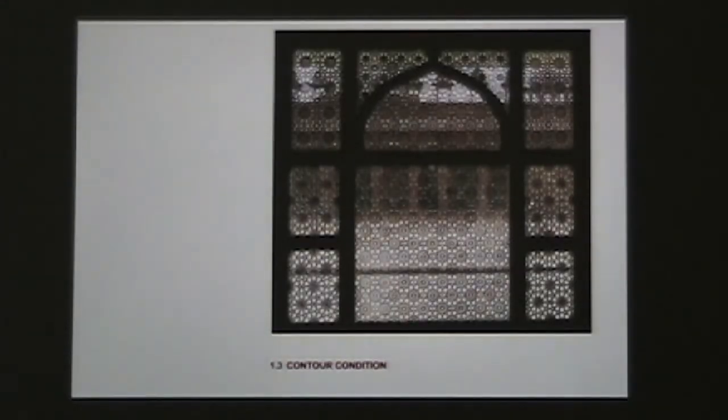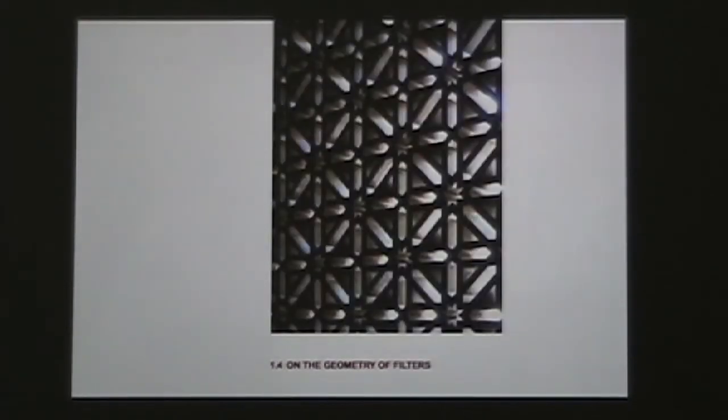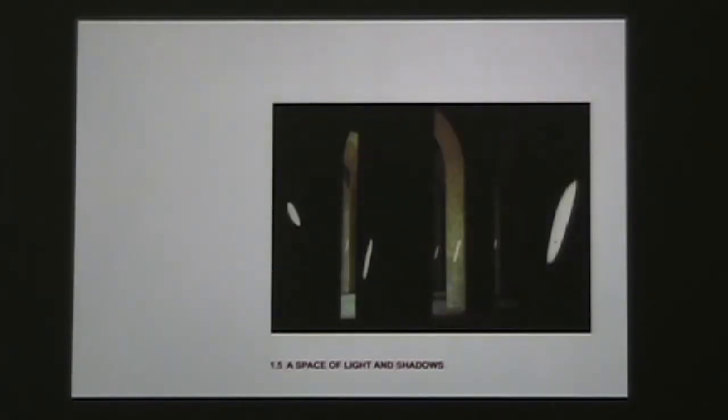The second one, in this first chapter, is on the idea of trespassing the limit. The third one will explore the contour conditions of these filters, whereas the fourth one works on the geometry of the filters. The last, no, not the last one.